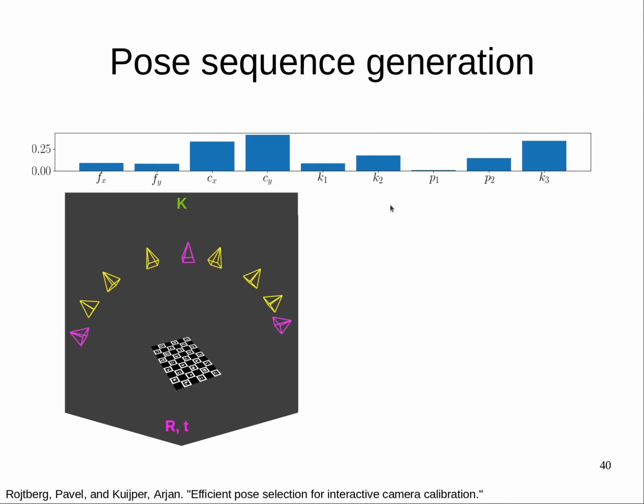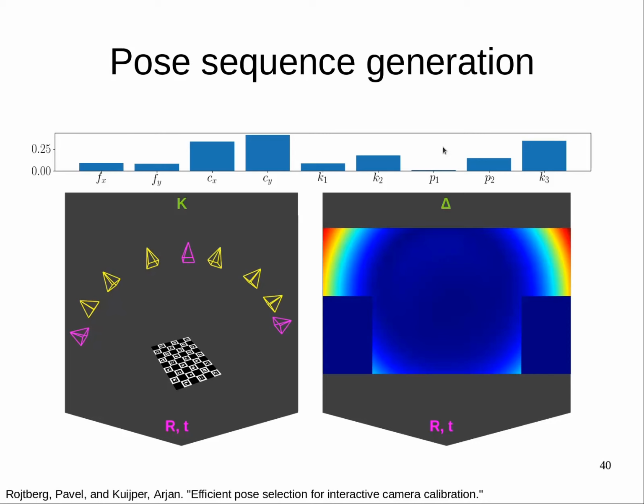While if we assume one of the distortion coefficients was most unsure, we would do this. We would be placing the board into the corner regions of the image. The intuition for this is, recall the radial distortion is radially symmetric, so if we move it to one corner, it helps us everywhere.